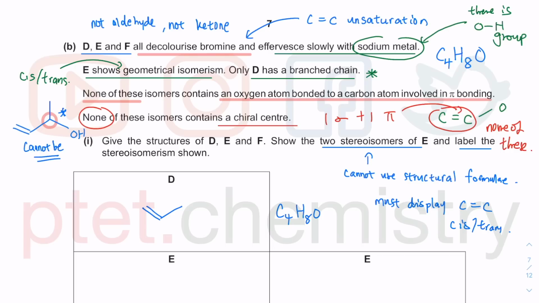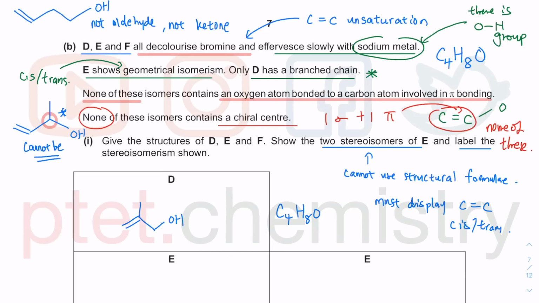So I'm okay here. How about this one? Wonder if this is alright. This is straight chain, so this is not branch. So let me see. If I have a branch like this, so this one has no branch, so this one cannot be the answer, because this one is straight chained and you're looking for a branch.